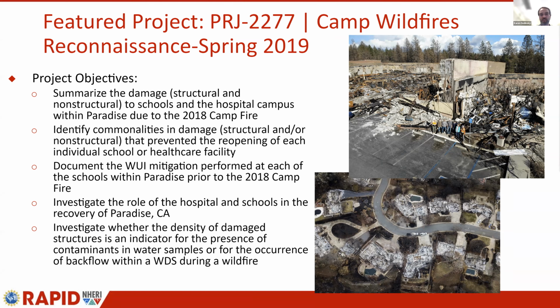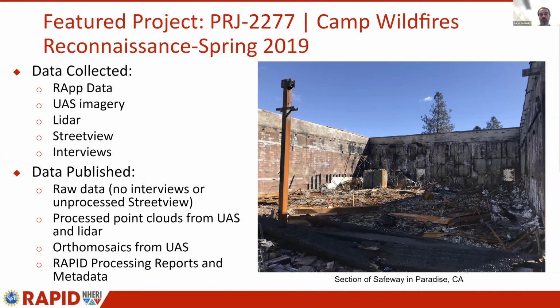They wanted to investigate the role of the hospitals and the schools in the recovery of Paradise, and investigate whether the density of damaged structures was an indicator for the presence of contaminants in water samples or for the occurrence of backflow within a water distribution system during a wildfire. So lots of fantastic objectives for the overall research project.